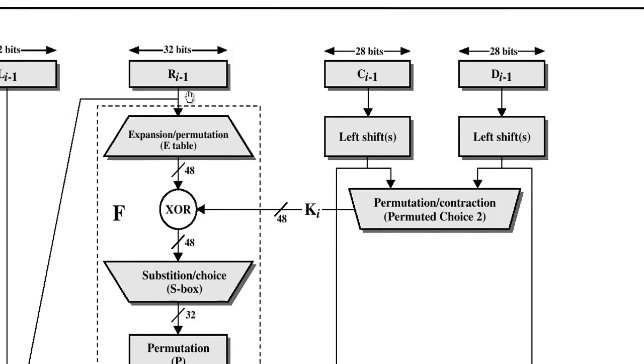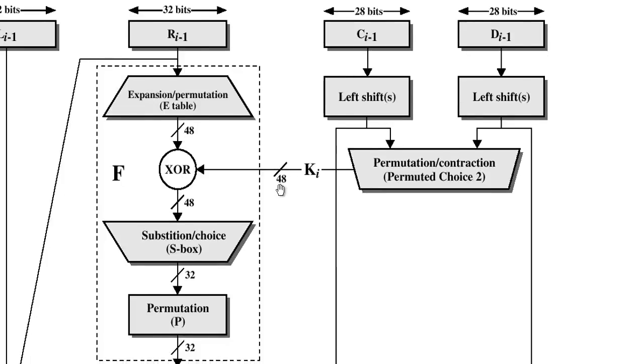Now why do I need to go for expanding? The block size feeding into the round is only 32 bits, but our key size is 48 bits. So I need to expand from 32 to 48 so that it can do an operation with your key.